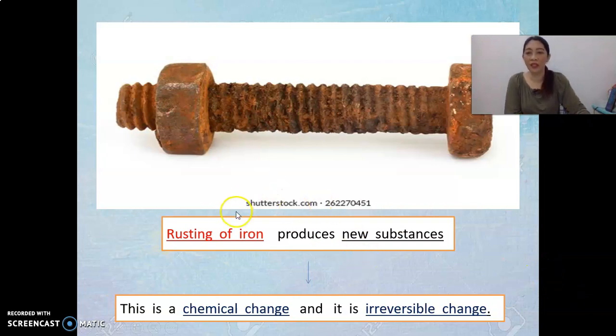The next is rusting of iron, which produces new substances. Again, this process is chemical change and it is an irreversible change.